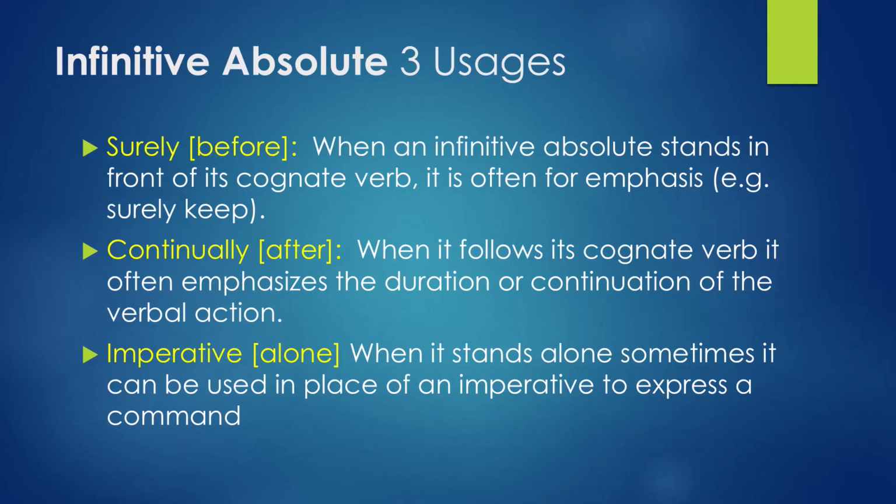Number two, when the infinitive absolute comes after the cognate verb, the purpose is that it's showing continuity, a continuous action. And the third function is this: when the infinitive absolute is used in place of an imperative, the function is that it's emphasizing the command. These are the three functions of the infinitive absolute.